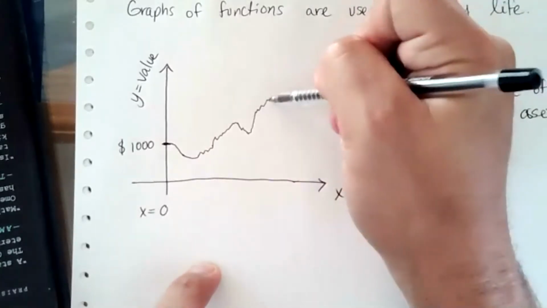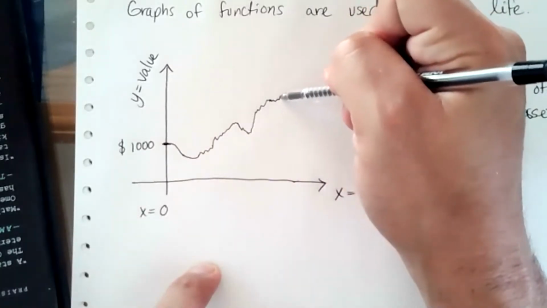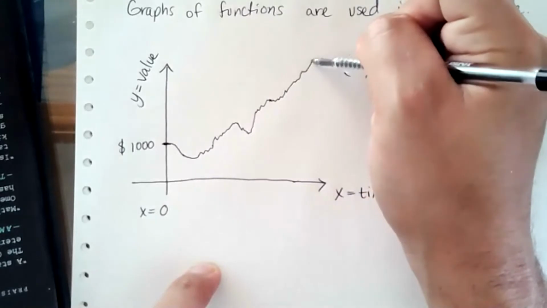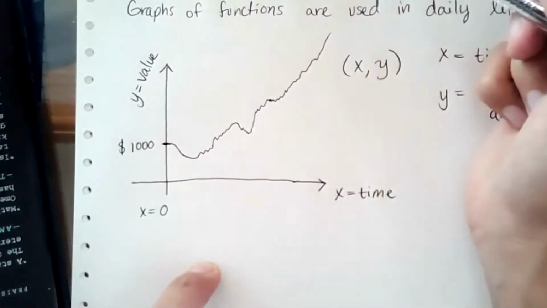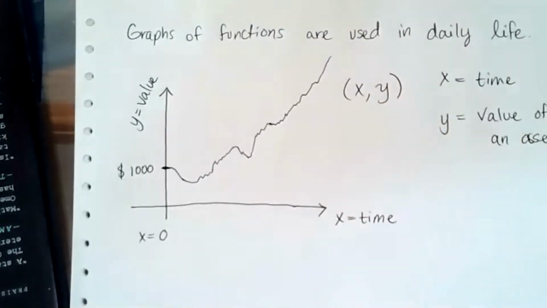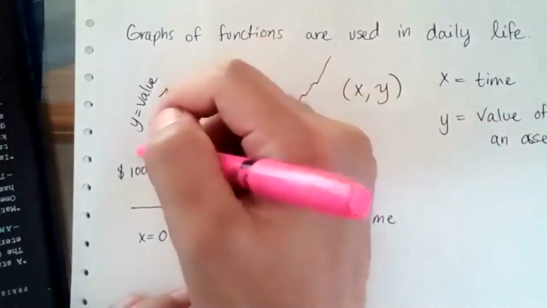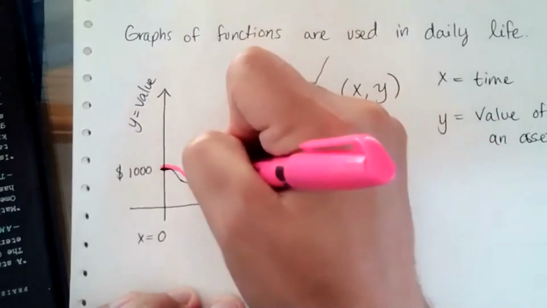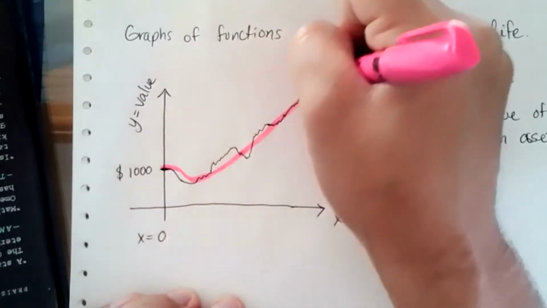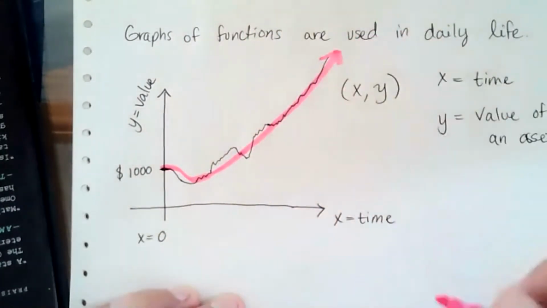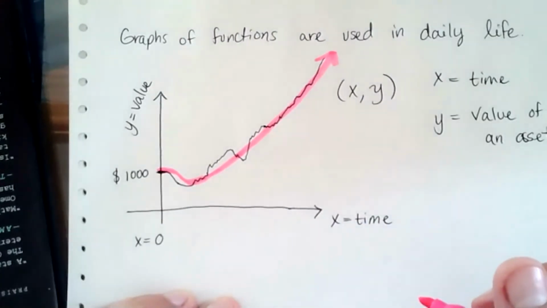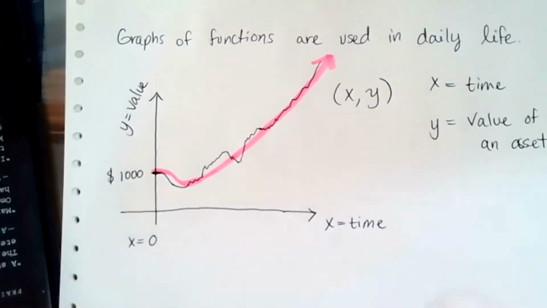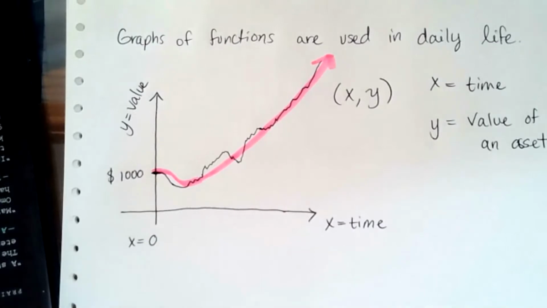But hopefully over time, if this is a sound investment, this goes up over time, like so, okay? If we wanted to smooth this out, I'm just going to draw a line that's sort of a curve that smooths out this graph. So I'm going to just draw something like this. And we could say that this is like the average growth of your portfolio, or its value. It's appreciating in value over time. Okay.